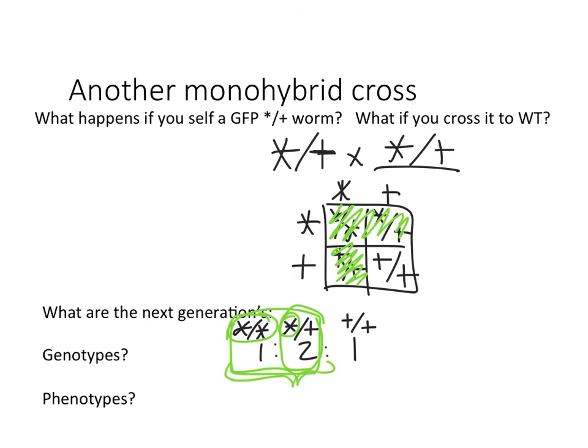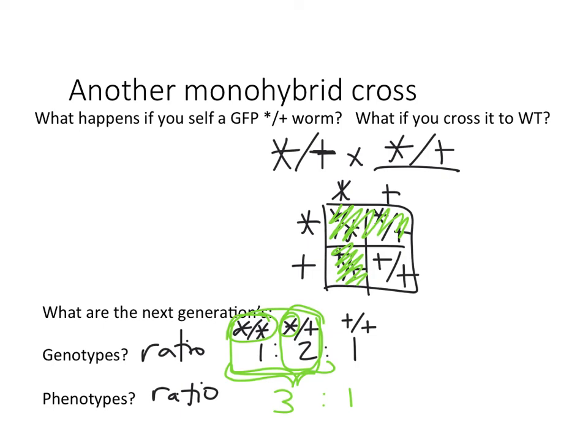That is, when you sum those two numbers together, that's 3 parts out of the 4. So that's how we go, and you may already know this, from the 1 to 2 to 1 genotype ratio to a 3 to 1 phenotype ratio. Because it's both the homozygotes for the dominant gene and all the heterozygotes that have that trait.